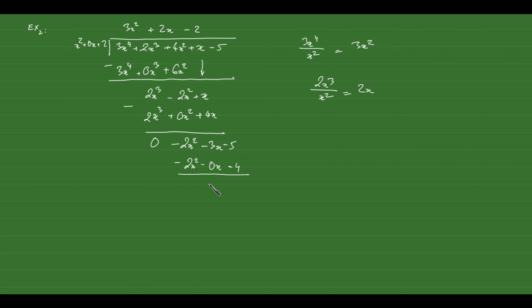So this gives you subtraction: negative 3x, minus 1. Minus minus becomes positive. Minus 5 plus 1 is negative. So this is the remainder, because the degree over here is smaller than this. So the remainder is this. The remainder is not 0, right?